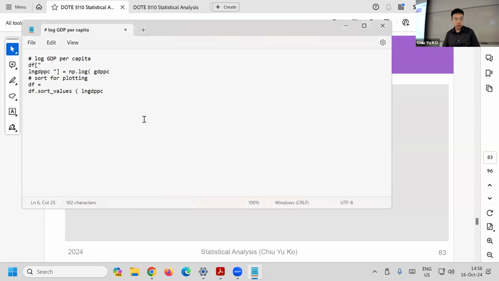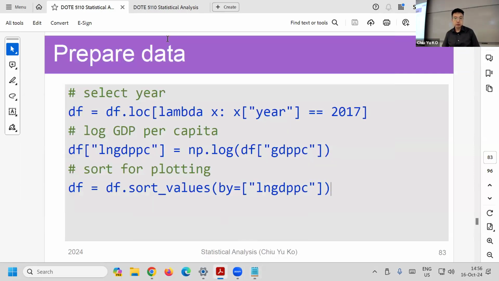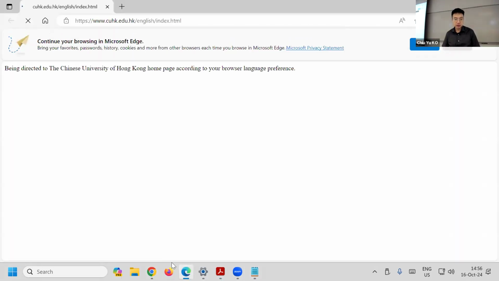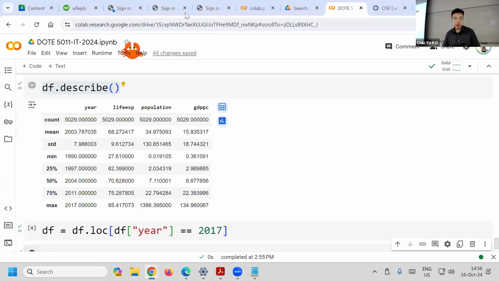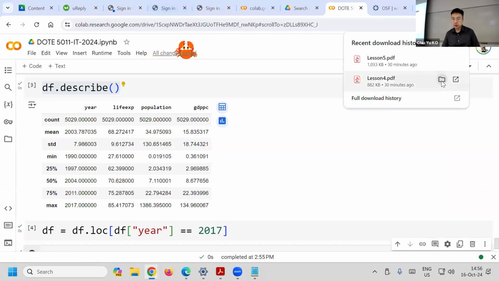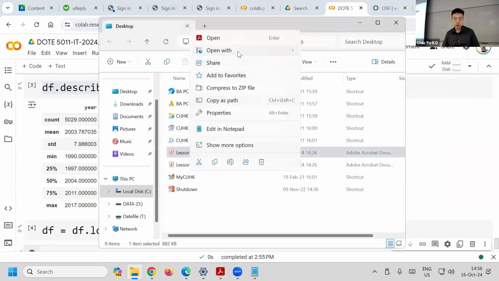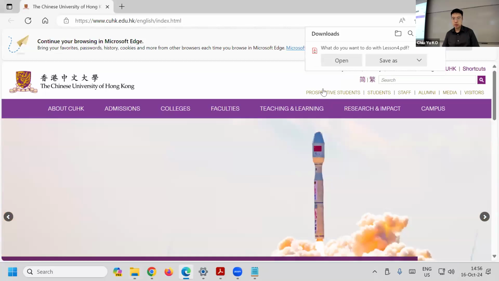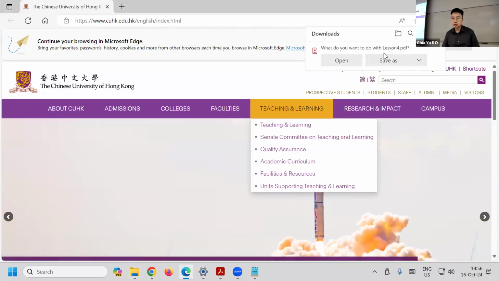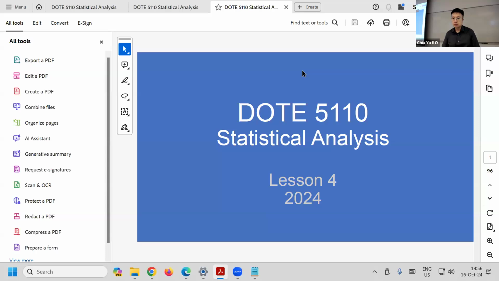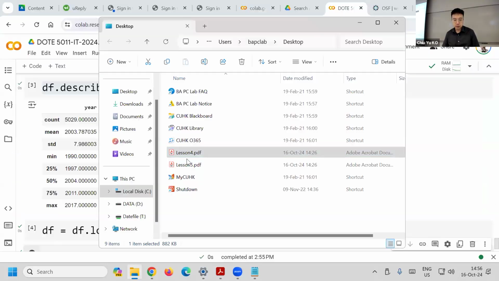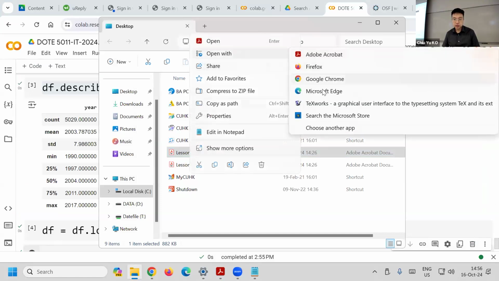Hopefully, why is it not working this way? Let me figure it out. That is rather stupid. I don't want to type. Let's see if I have a smart way to copy and paste. No, that's not smart enough. Let's see. Open this.